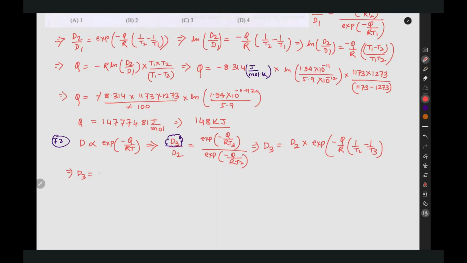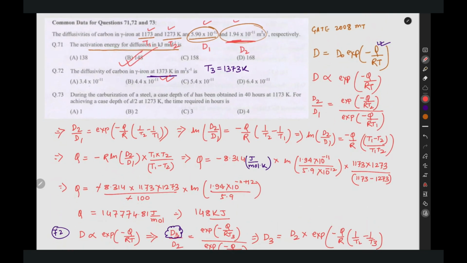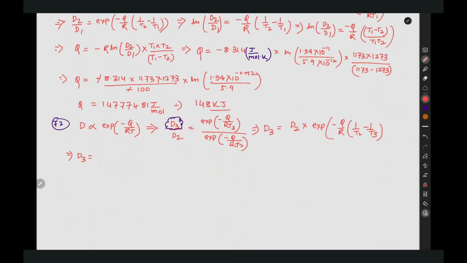Now D3 equals D2, that is 1.94 into 10 power minus 11, into exponential minus Q we have determined in the previous question, 148 into 10 power 3 joule per mole, and R we know 8.314 joule per mole per Kelvin, into T3 minus T2 upon T2 into T3.